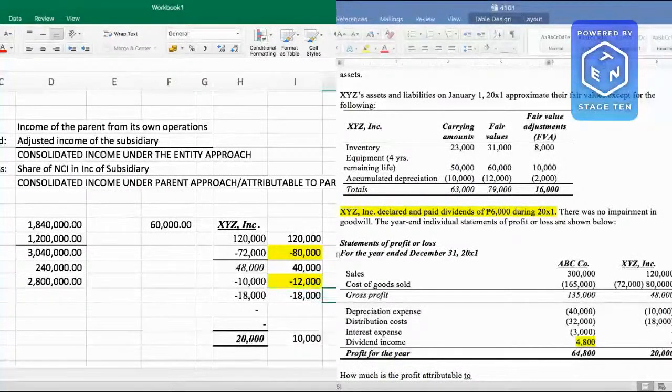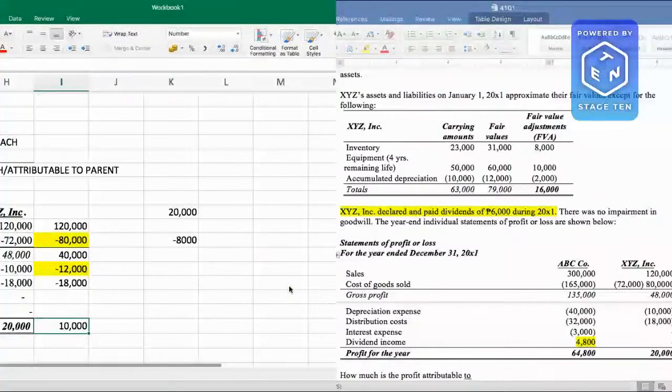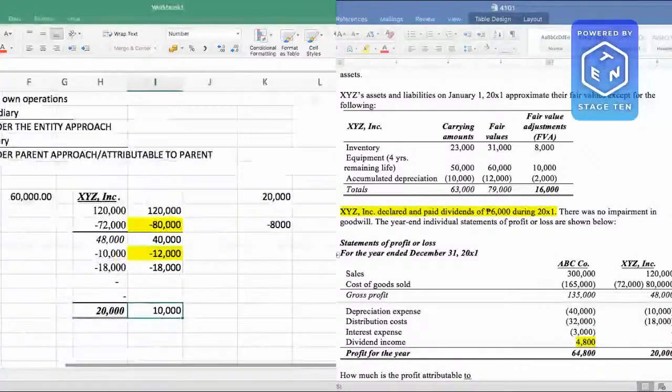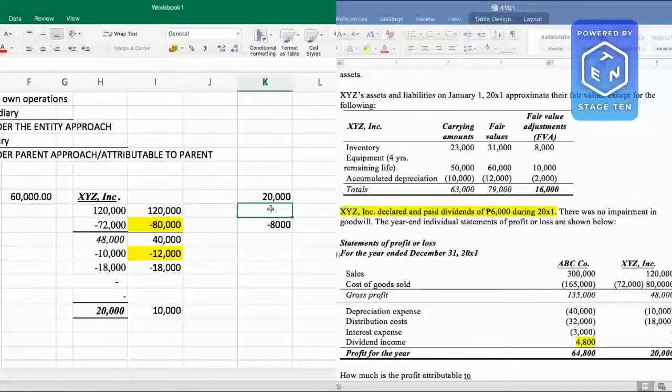Okay. But another way of solving the 10,000, class, is by starting at the 20,000 and deduct the difference of 2,000, class.